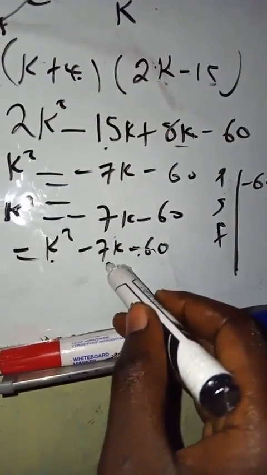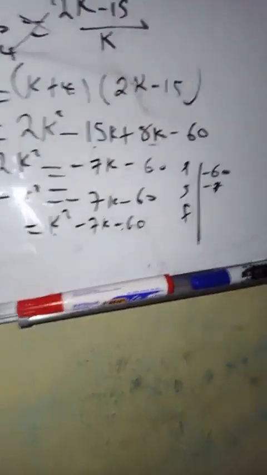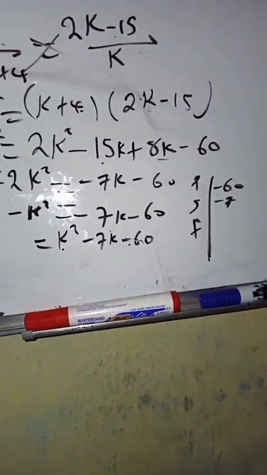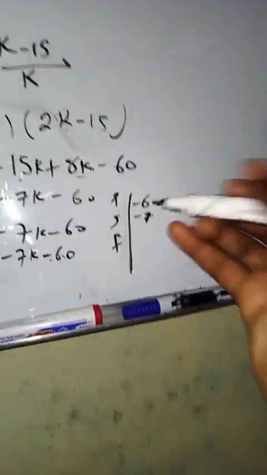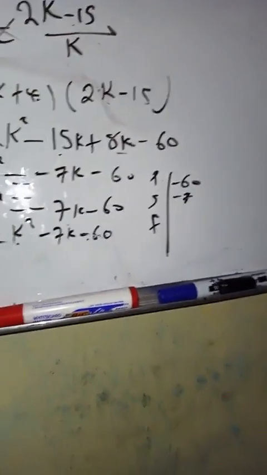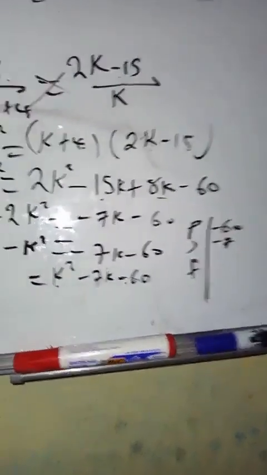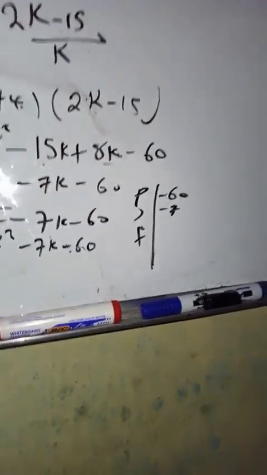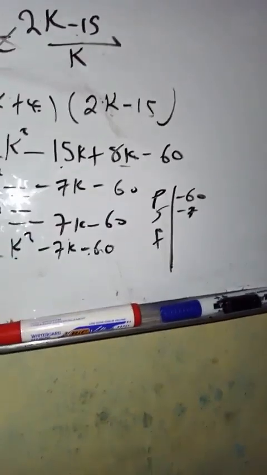It's negative 7, right? Now, we have to find two numbers which, if we multiply them, will give us this product of negative 60, okay? However, those same two numbers, if you add them, must give us a sum of negative 7. Which numbers are those?